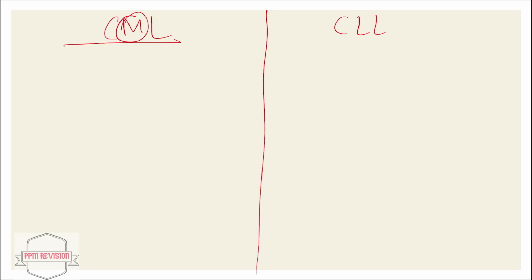Next we'll be looking at CML and CLL. CML is chronic myeloid leukemia. Here we have a proper RBC. Whereas in that case we had a normocytic RBC, here we do not have a normocytic RBC. It's clear, right?